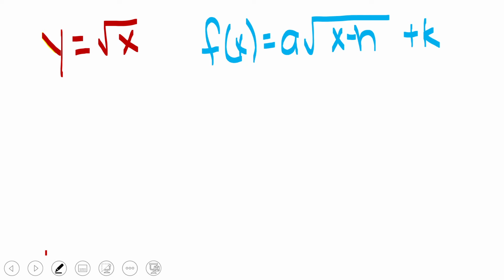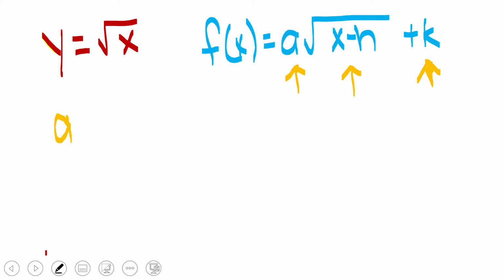Each of these parts throws a new rule as to what happens to the parent function. So a, in being positive or negative, will be addressed, the radicand will be addressed, and the k will be addressed, and what the new graph will look like.